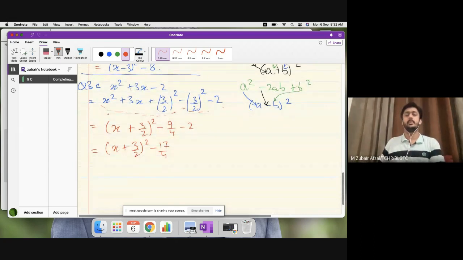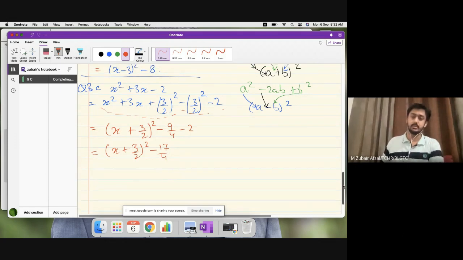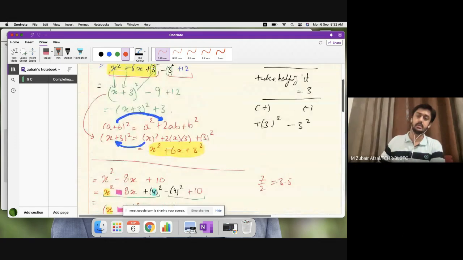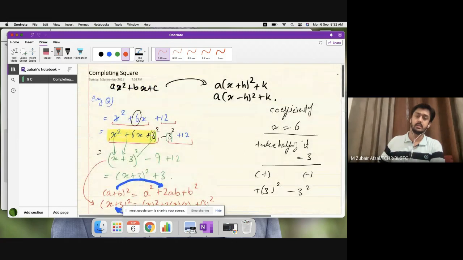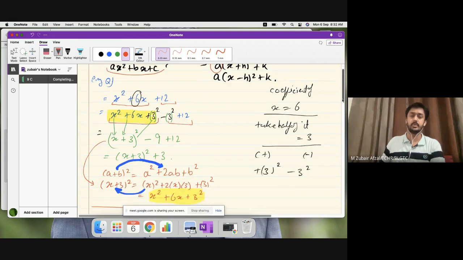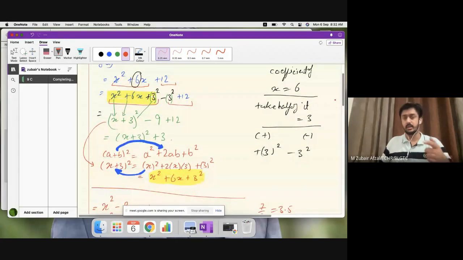One important point: in all these questions, we have 1 with x square. The general example which I gave had a with x square, and we would have a outside. This is a level 2 question. We are doing level 1 questions. We'll do it after this exercise. So look at this.